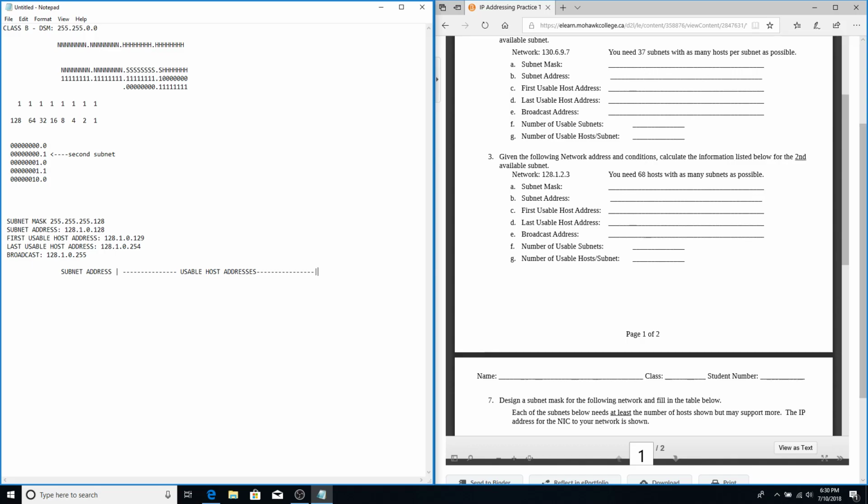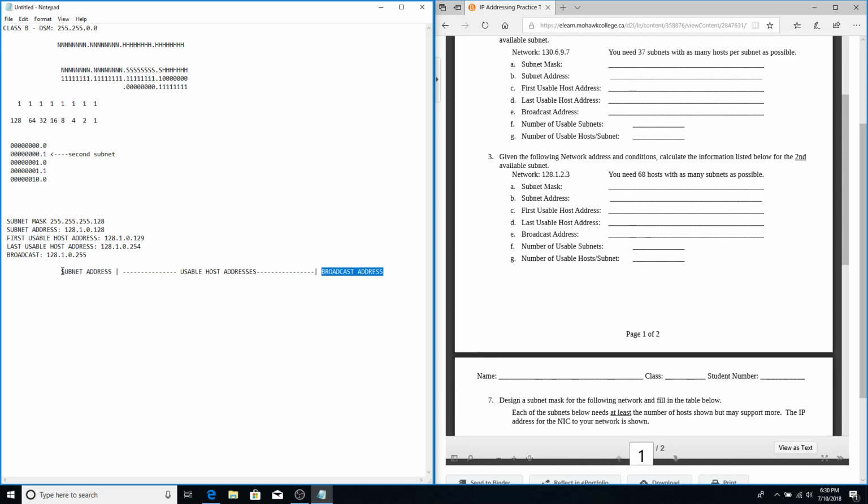And then your final address is going to be your broadcast address. So what happens is you have one address right here, then you have all the usable host addresses, and then finally you have one final address right here, which is your broadcast address.